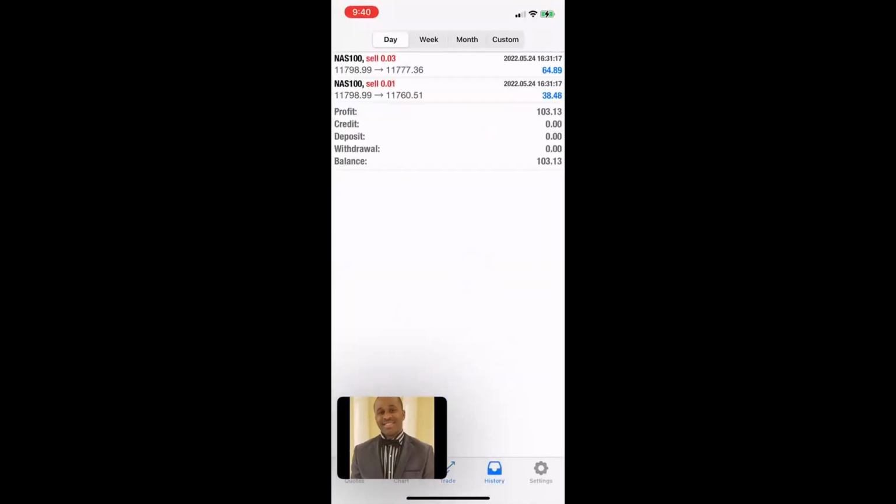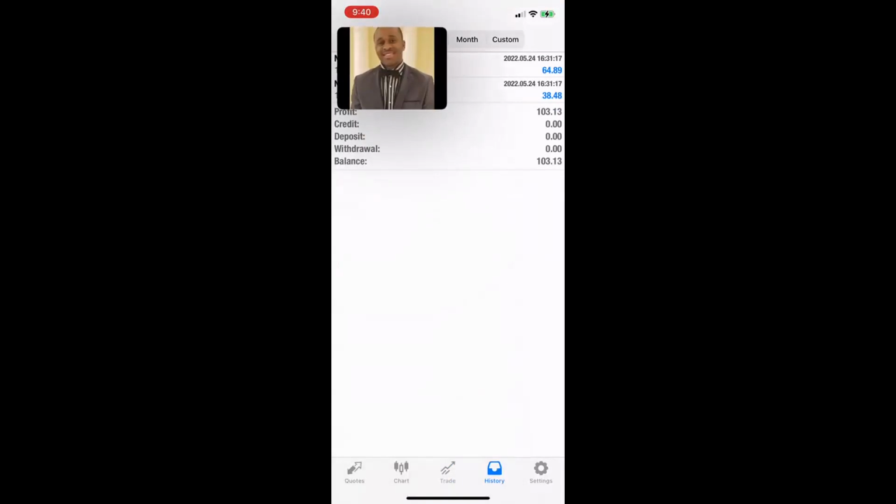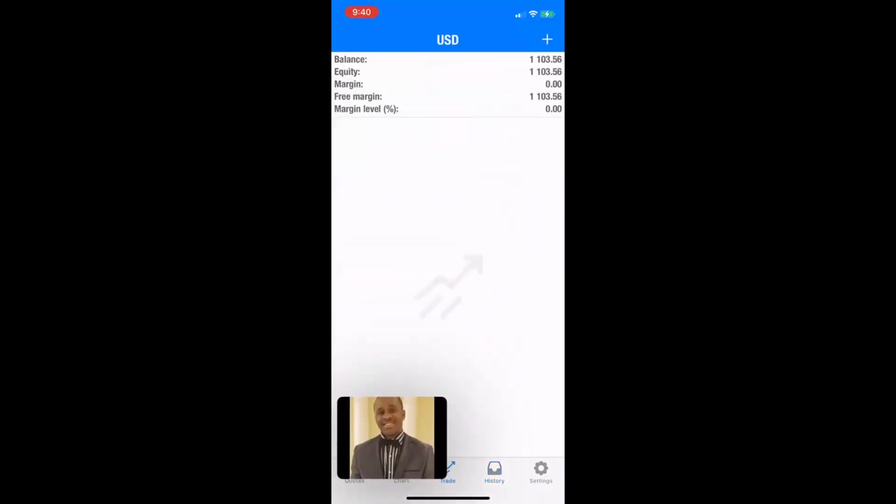Did I get it? $103 profit, so I almost got 40. So I won this trade. So yeah, $103 profit. I'm going to go ahead and share my main screen, see what price is at.